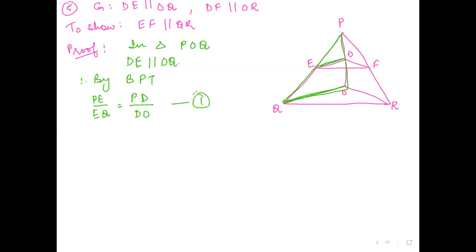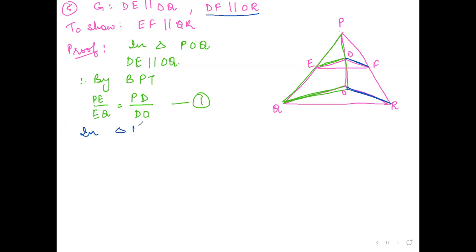Now go back to the second given condition. DF is parallel to OR. Where is DF? DF is this. OR is this. Which triangle should I use now? POR. Good.